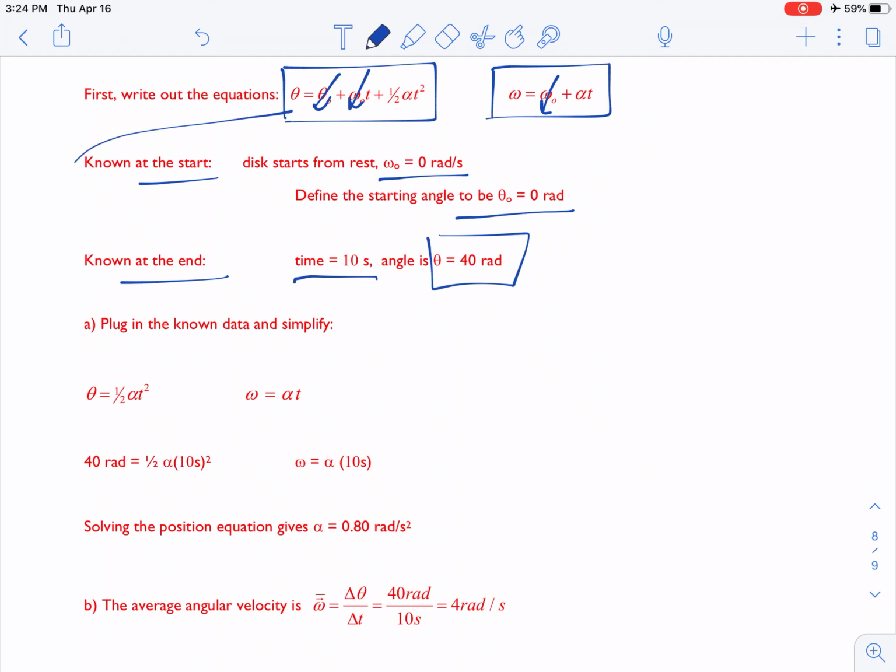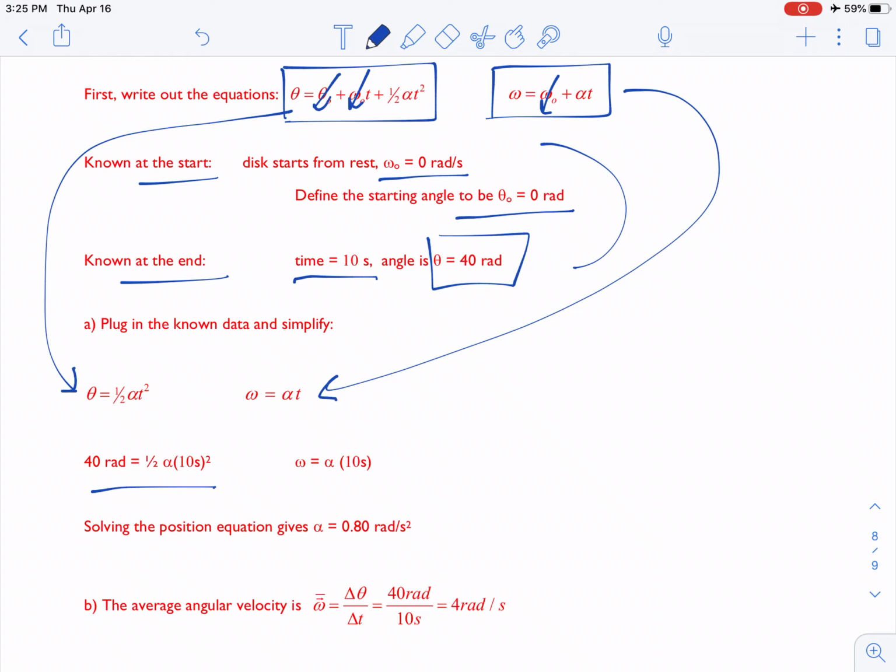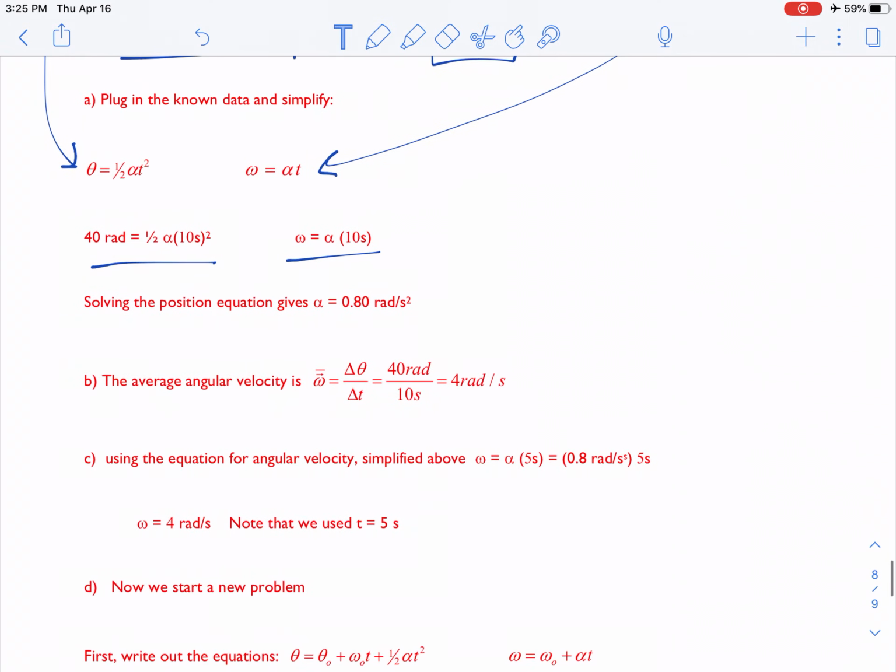So the first equation becomes theta is 1/2 alpha t squared, and the second equation becomes omega is alpha times t. Now plugging the numbers in, from step 2, put those in there, and you're going to get alpha from here, and once you get alpha, you can solve for omega from there, and that's what we're doing.